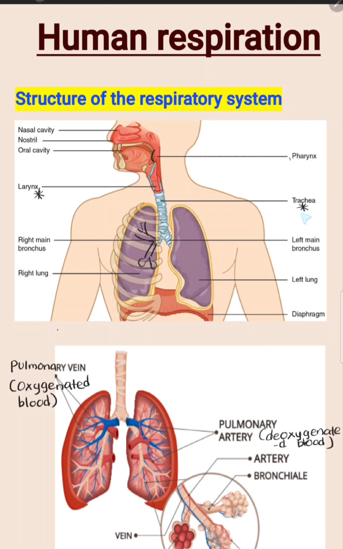This trachea has C-shaped or incomplete circular cartilage rings, and the trachea is again divided into left and right bronchus. These left and right bronchus enter into the left and right lungs. Inside the lungs, these bronchus are again divided to form bronchioles.